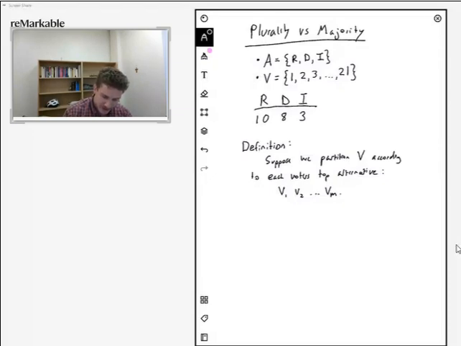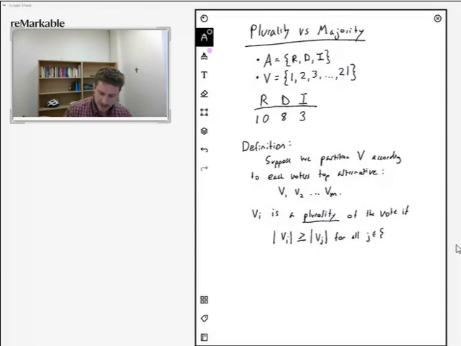Now we're going to say that a set Vi of voters, a subset of voters, is a plurality of the vote if the following holds: if the size of the set Vi is greater than or equal to the size of the set Vj for all j in our set from 1 through m.